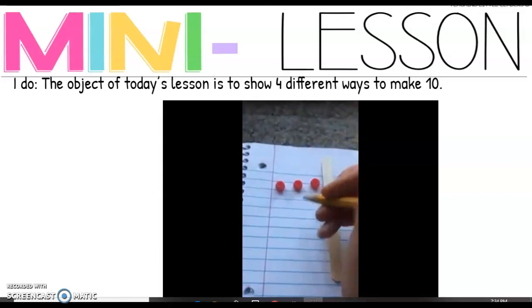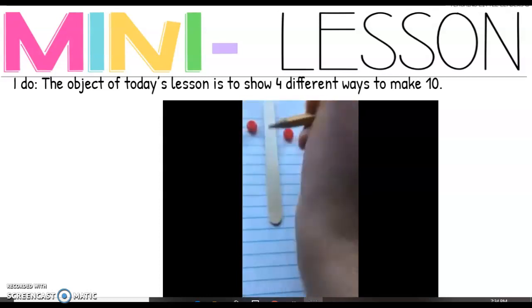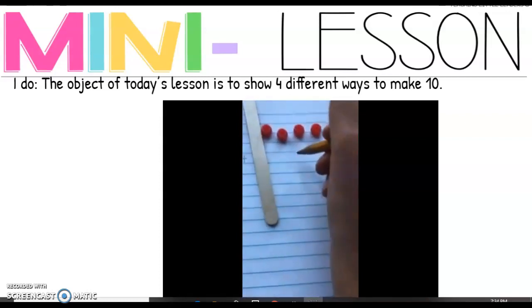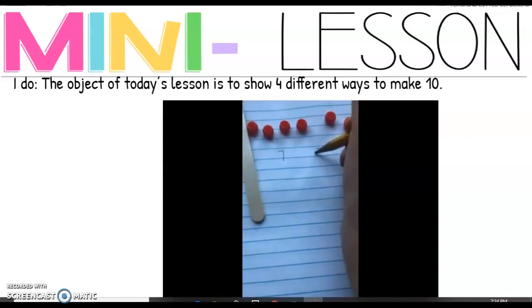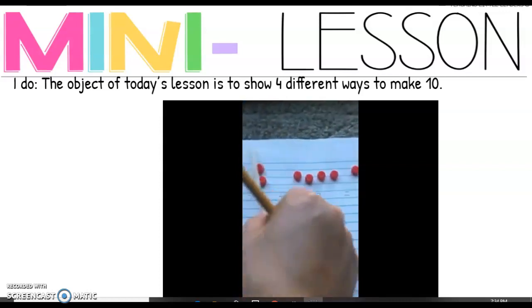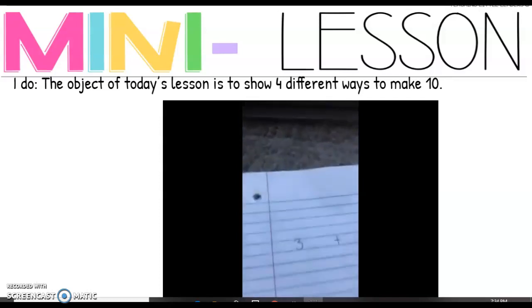I'm going to write my equation right here. 3 plus 7 equals 10. Now I'm going to move my bees out of the way, and I'm going to draw birds.